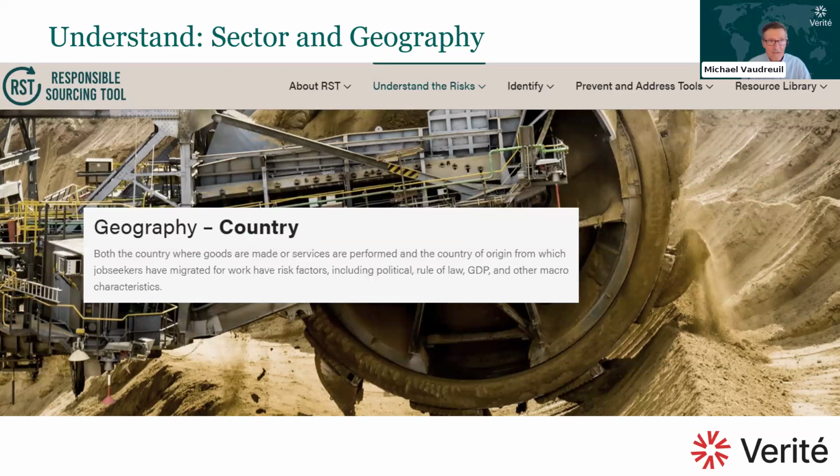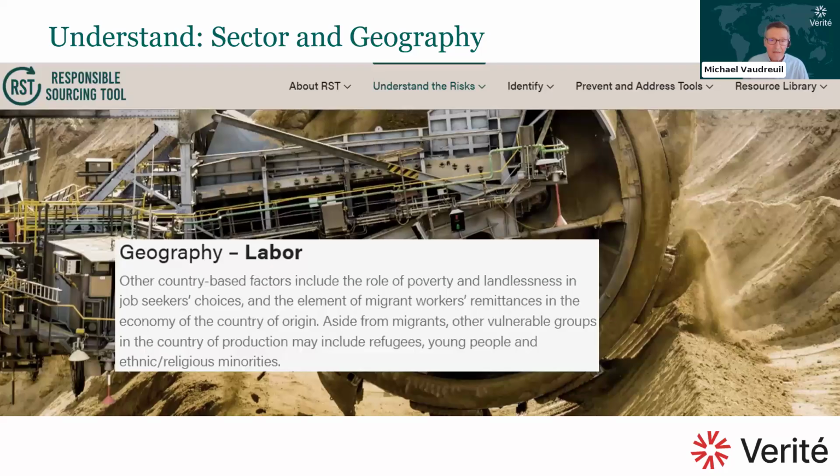Then it also gets into country risks. So risks associated with the country, such as rule of law, socioeconomic conditions, and then finally, labor. What country factors influence vulnerability to forced labor?